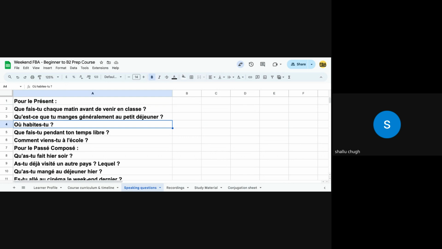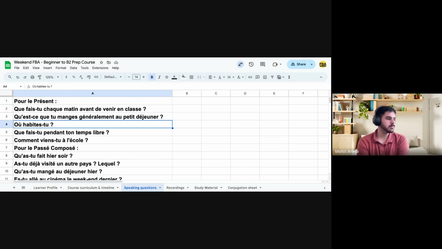J'habite à Rohtak. Okay. And like surroundings in what way? Like what is your neighborhood like? Do you have parks, buildings, voisins, or neighbors, dogs, anything in your surroundings?